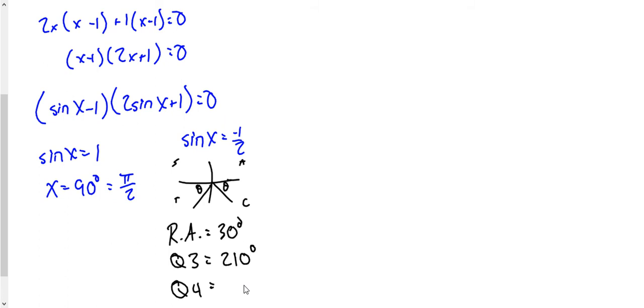And in the second one here, this is 360 minus 30, so that's 330 degrees. But of course, we don't want our answer in degrees, we want to convert both of these. So this one here, 7 pi over 6 and 11 pi over 6, and there you go.